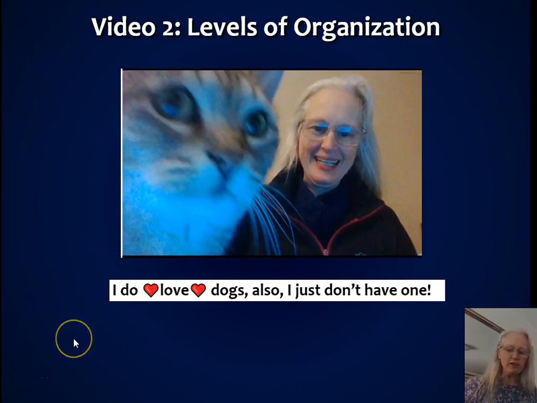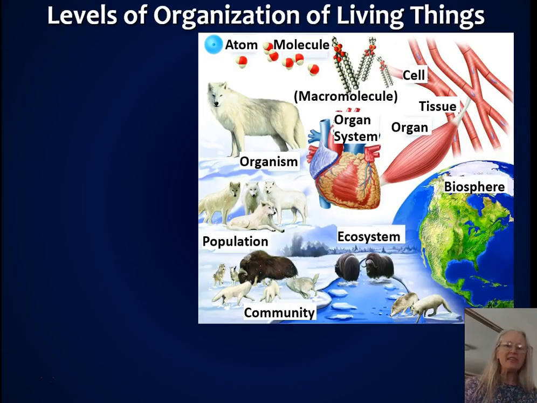In this short video, we're going to talk about levels of organization of living things. This is important because it's important to understand living things at all the different levels that they can be looked at. And some people specialize in just one level. So there are people who only study the macromolecules, or people who only study the cells.